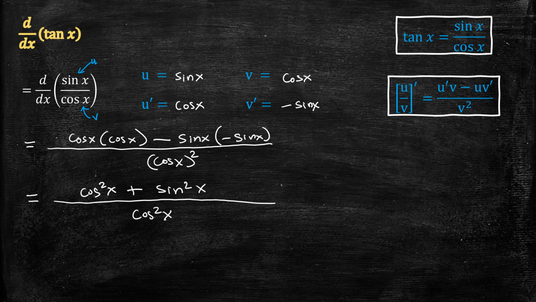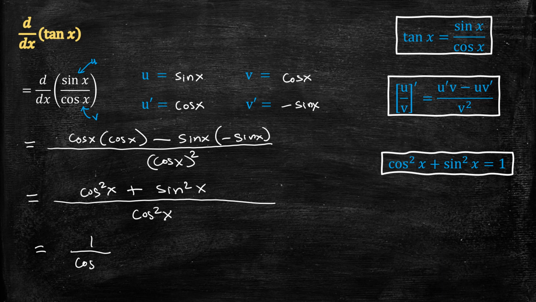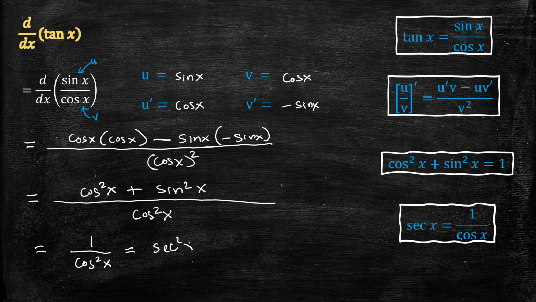Now, the next thing you need to realize is that the numerator is an example of the Pythagorean identity, which means that cosine squared x plus sine squared x equals 1. That's a result from pre-calculus. So we can rewrite the numerator as 1 over cosine squared x. And our last step is to recognize that 1 over cosine x is secant x, so that the final answer is secant squared x, which therefore is the derivative of tan x.